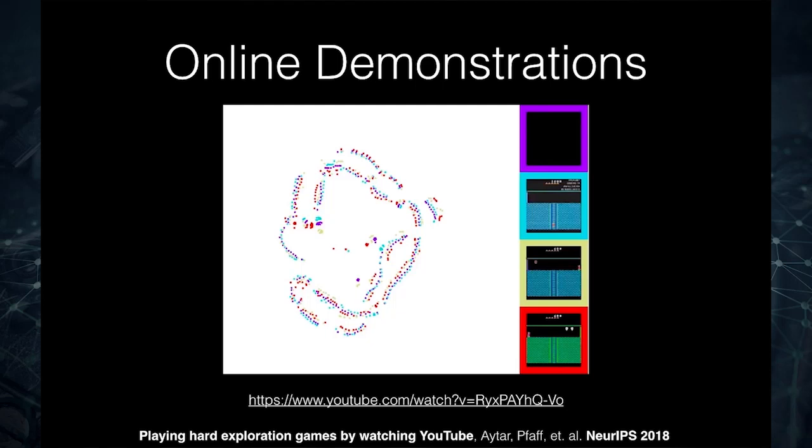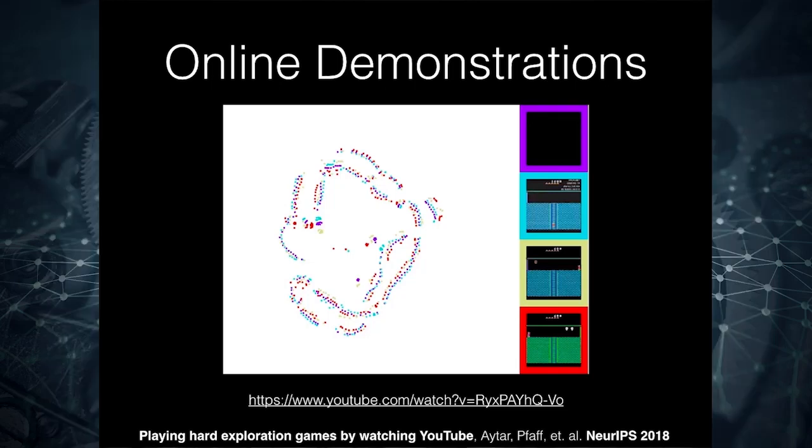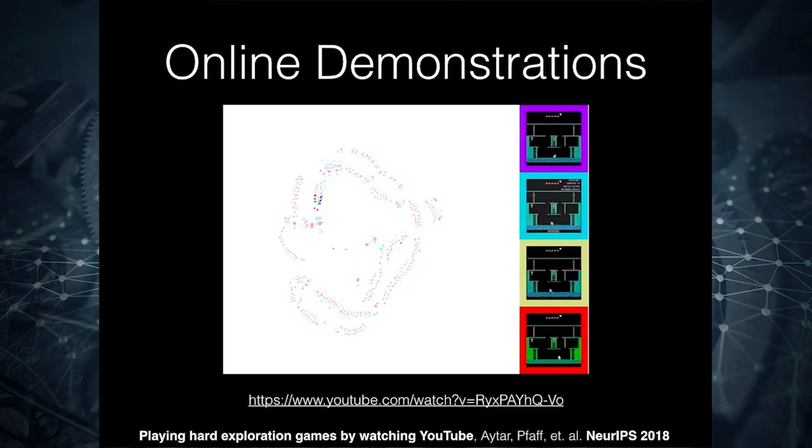And essentially embed all those videos, which are demonstrations of human behavior, into a space. Here it's visualized in lower dimensions, of course, such that similar states, here these are similar states moving in the same way, are aligned and very close to each other.